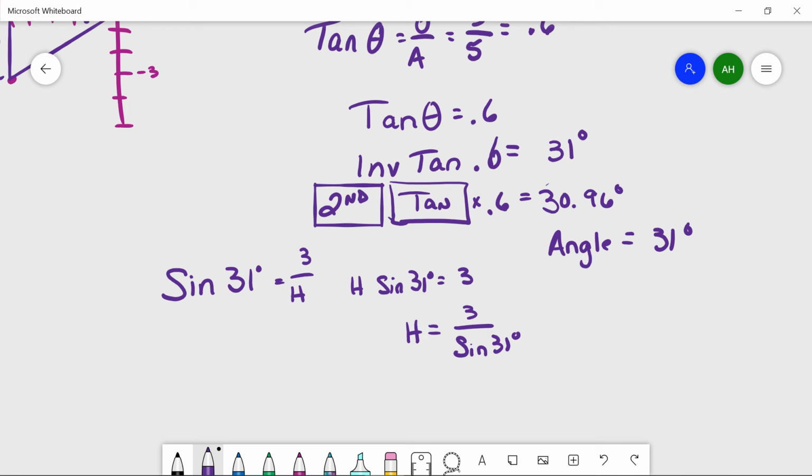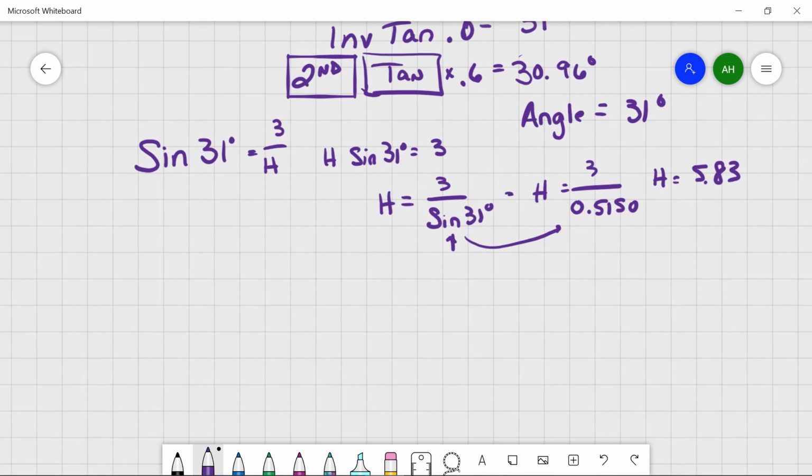In your calculator, you're going to put that in, and you're going to get that h equals 3 divided by 0.5150. Remember, I put this in my calculator, and it gave me that. So from this, I find that h equals 5.83.